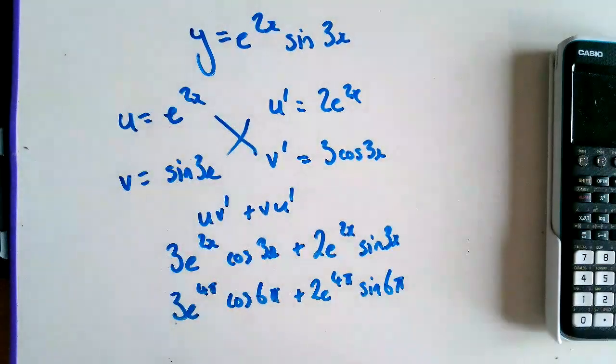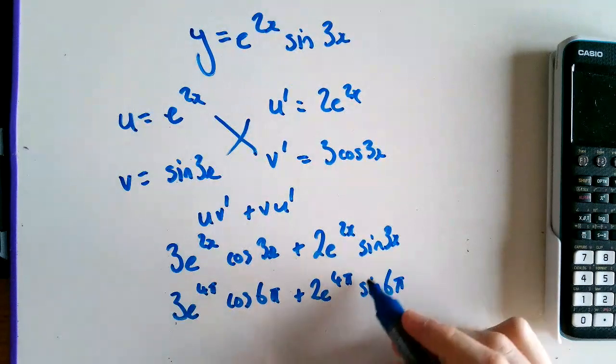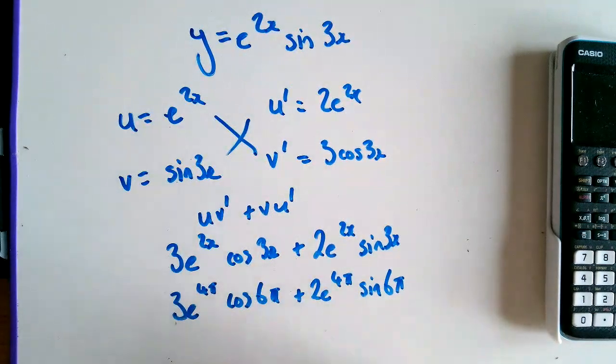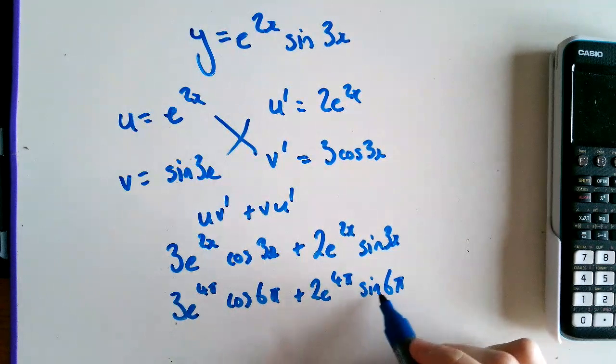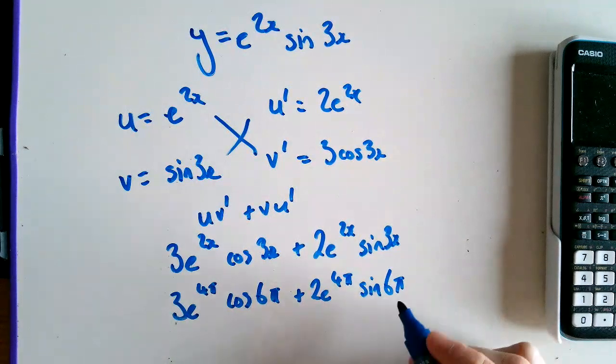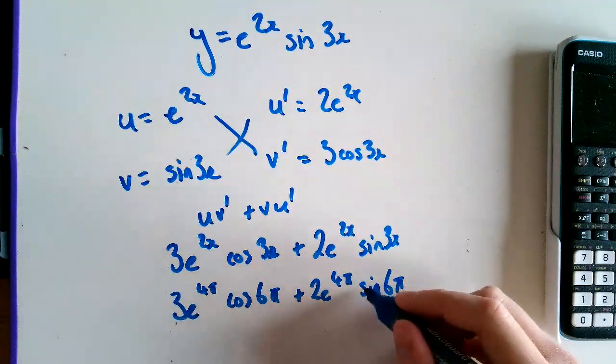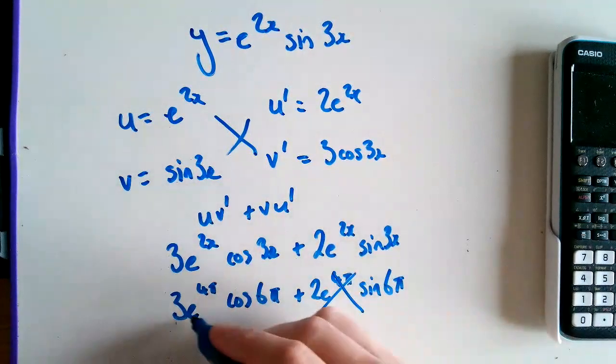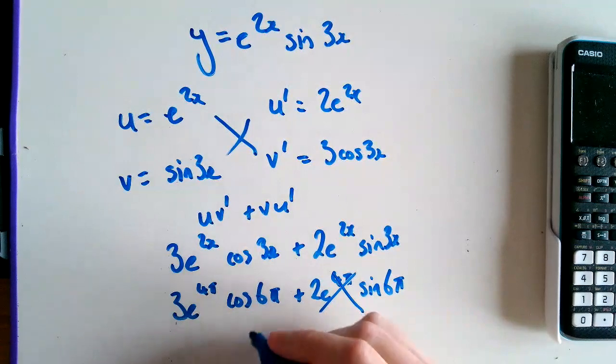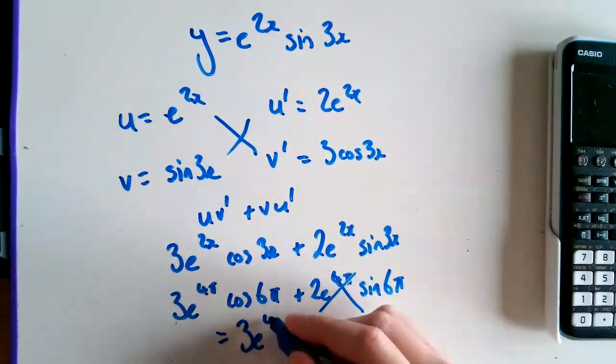Now at this point, you could use your calculator to work out what sine 6 pi is and cos 6 pi is, or you might be able to spot them yourself. Sine 6 pi is just 0, and cos 6 pi is 1. So 2e to the 4 pi times 0 disappears, and 3e to the 4 pi times 1 is just 3e to the 4 pi.